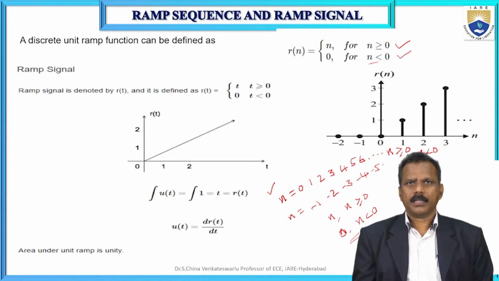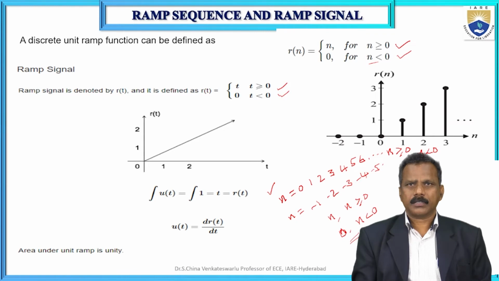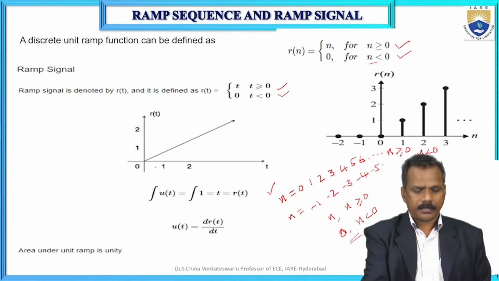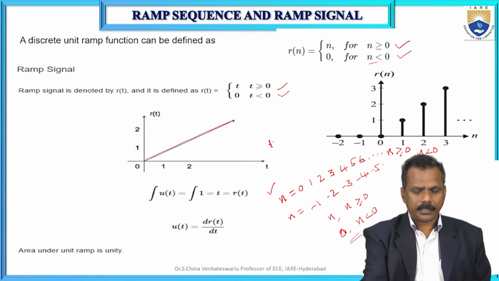Okay. The ramp signal is denoted by r of t, and it is defined as t for t greater than or equal to 0, and 0 for t less than 0. Here is t versus r of t, and the signal appears like this. Substituting t values, t is equal to initially 0, then 1, 2, 3, 4 and so on.